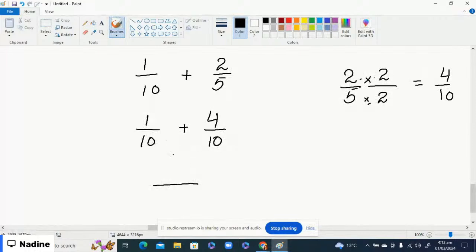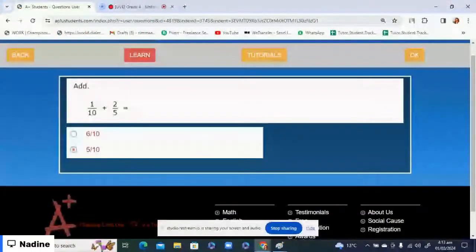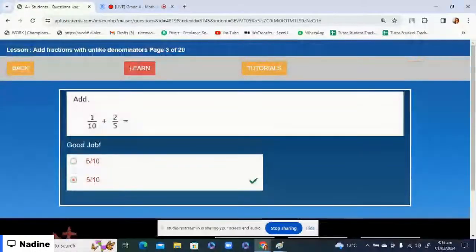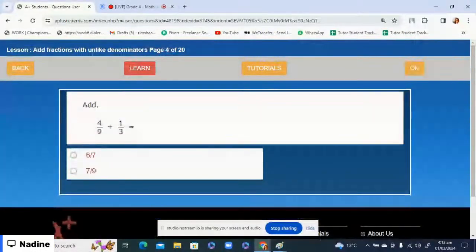This is the same denominator, only put 10, and 1 plus 4 is 5. Okay. So 5 by 10 is your answer. Let's check. Good. 5 by 10 is the answer.